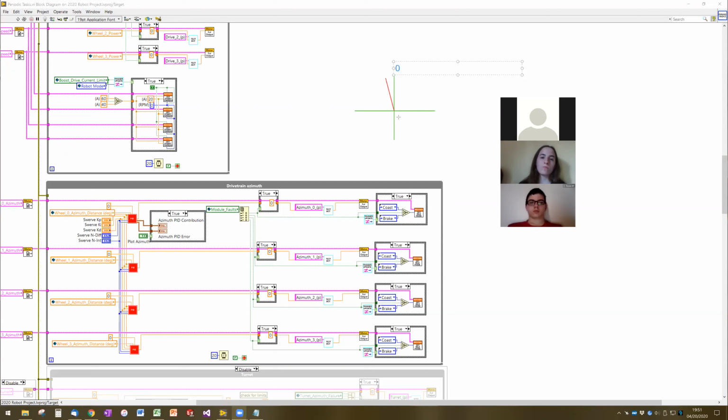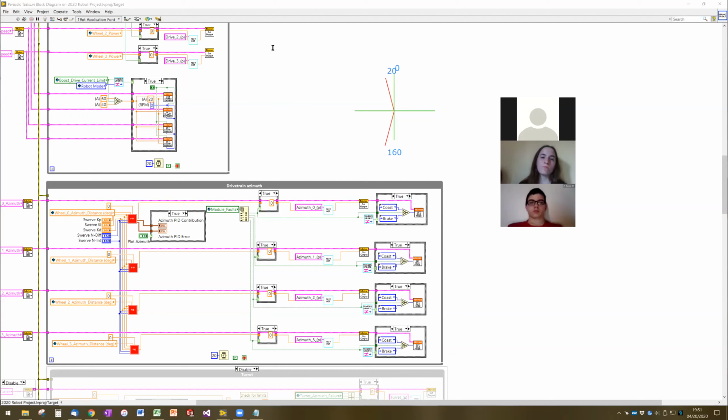And where we're trying to point the azimuth module is down here, we'll call it 160 degrees.